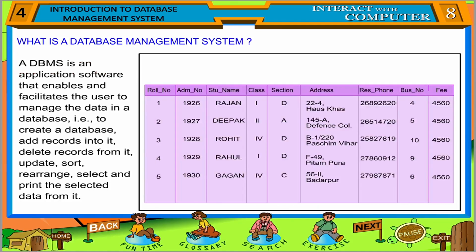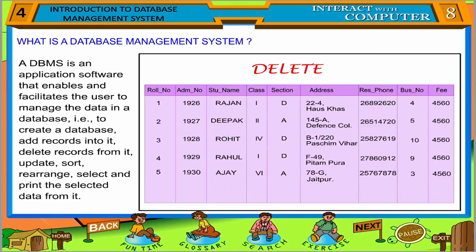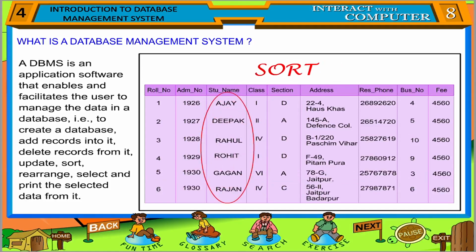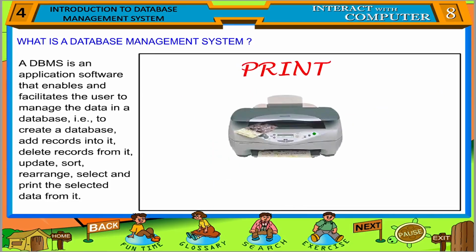What is a database management system? A DBMS is an application software that enables and facilitates the user to manage the data in a database, that is, to create a database, add records into it, delete records from it, update, sort, rearrange, select and print the selected data from it.